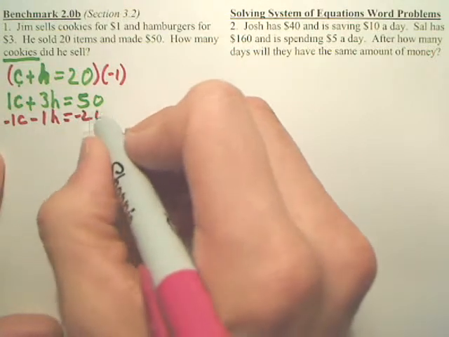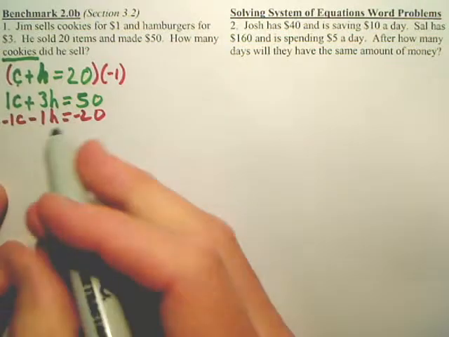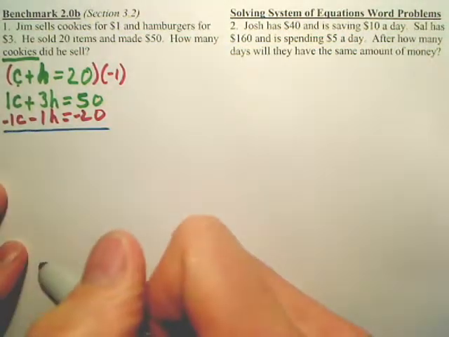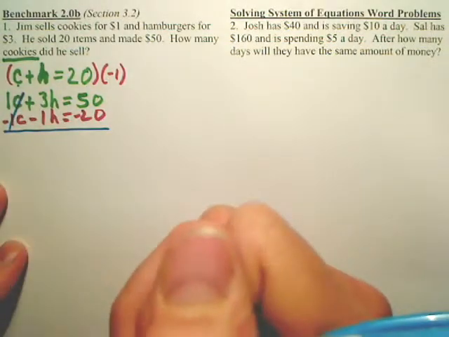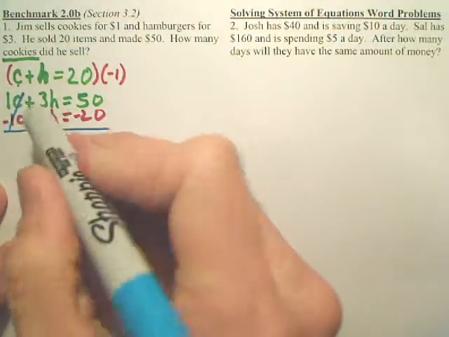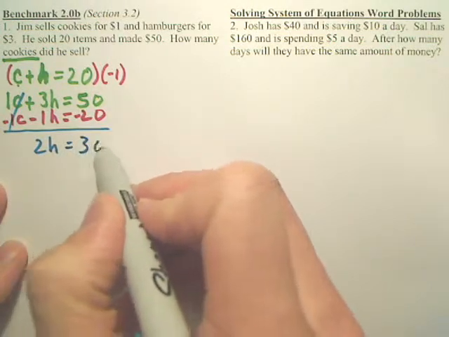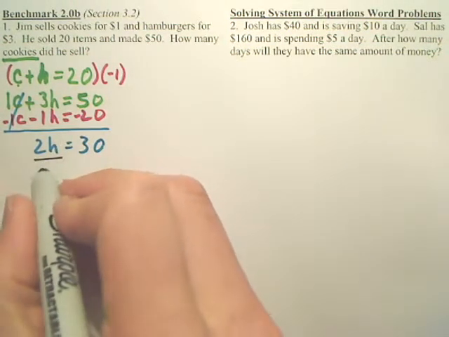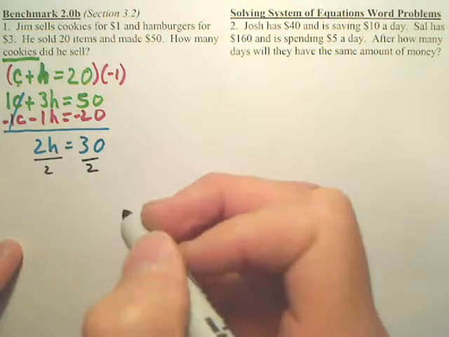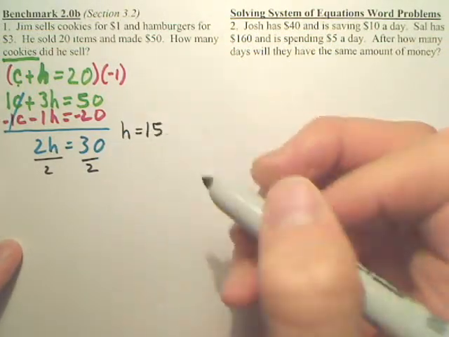And that becomes -20. Now, we got this. Those cancel. This becomes 2H. This becomes 30 when you add straight down. So as you probably can see now, if you divide by 2, H equals 15.